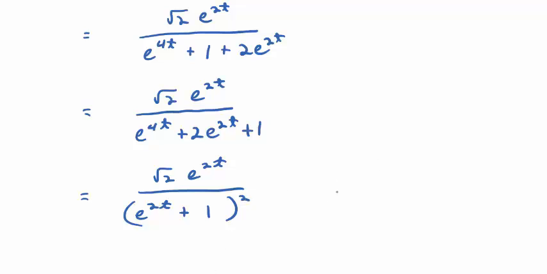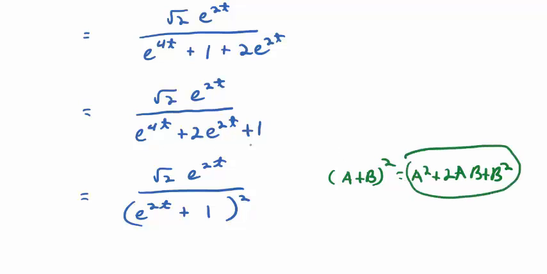The reason I know that is I know a formula from algebra: a plus b quantity squared is equal to a squared plus 2ab plus b squared. And so all I did was factor this, going from this side. I recognized this is a perfect square, where a is e to the 2t and b is 1. And once you recognize that, it's pretty quick to see that I can factor this guy as e to the 2t plus 1 quantity squared.